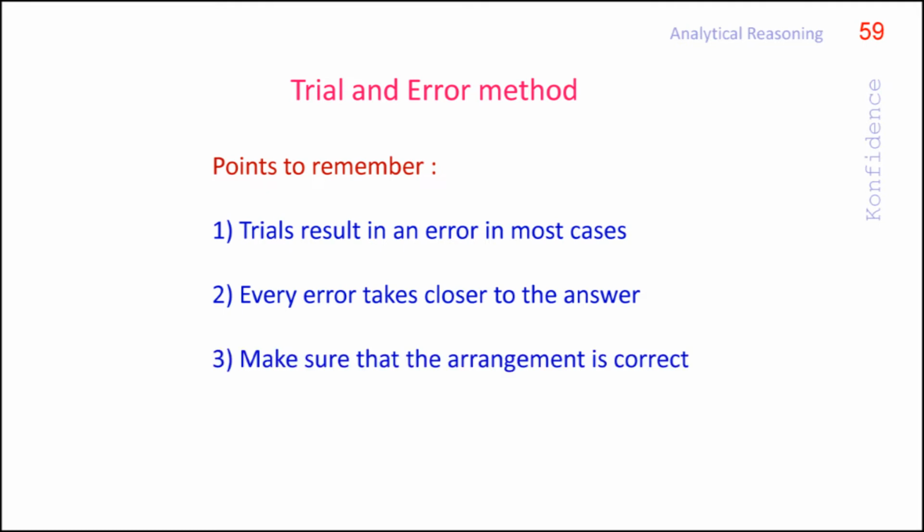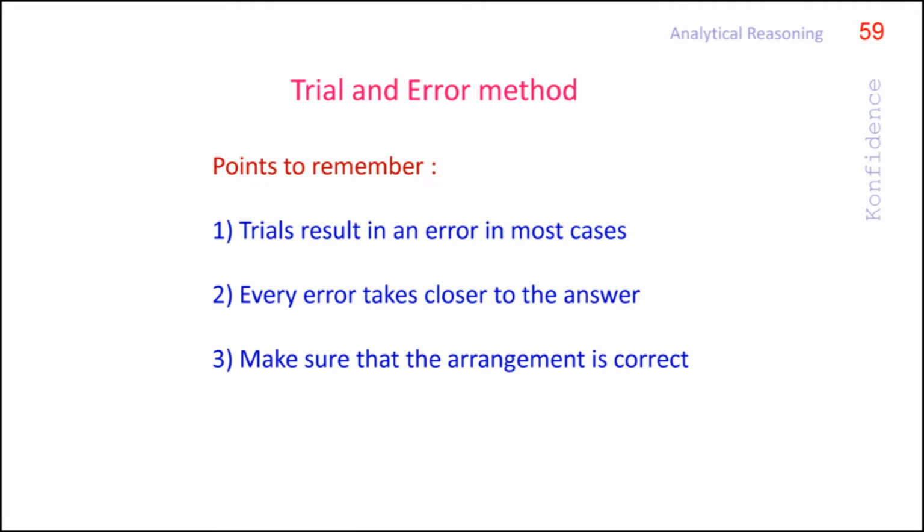And finally, please be sure that your arrangement is correct and then only mark the answers. This is very important because in trial and error, we are trying to get an answer and most probably we will overlook some issue or the other in pursuit of the answer.